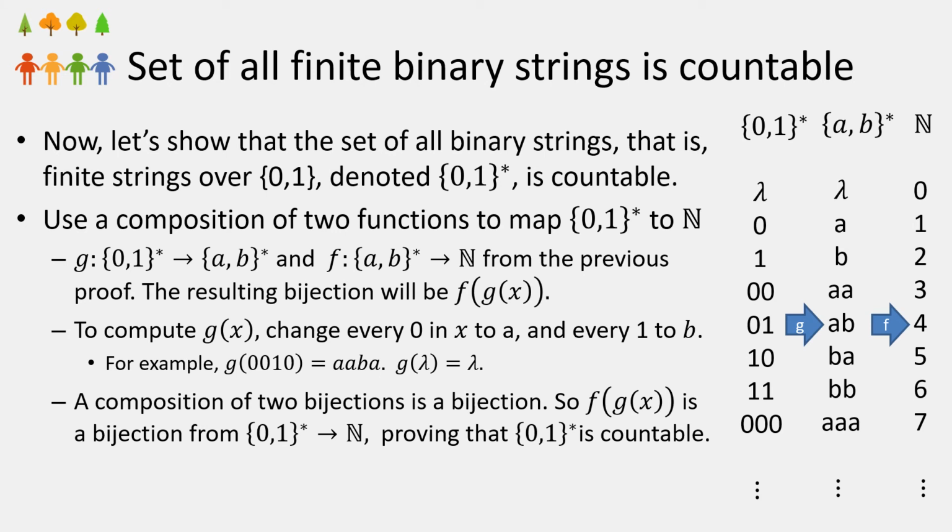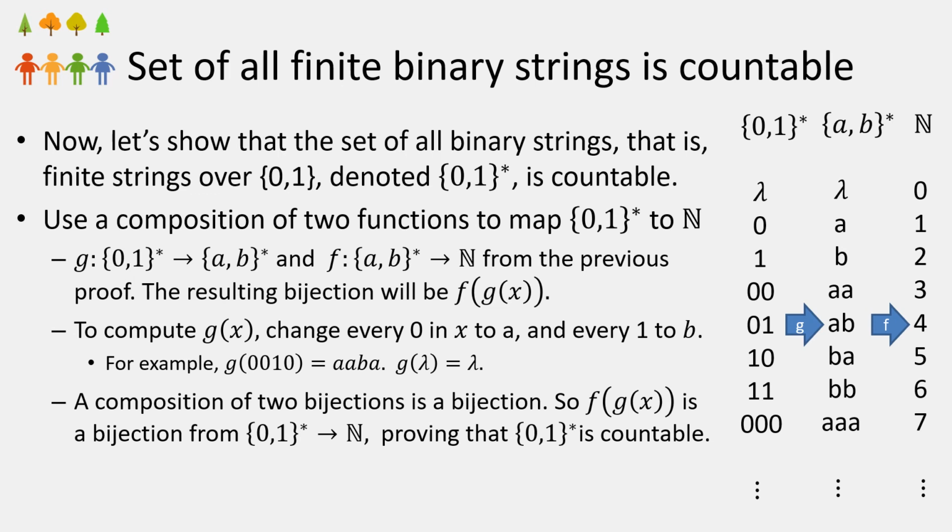So now, say that rather than working with strings over A, B, which is kind of a strange alphabet, we want to work with binary strings, strings over zeros and ones. But we already had pretty much done all the work, and it's very easy to either convert our previous proof to replace A's with 0s and B's with 1s, and then have everything else the same, or just use the proof as a black box in order to prove that the set of all strings over 0 and 1, all binary strings, is countable.